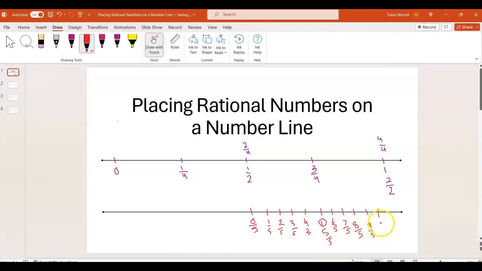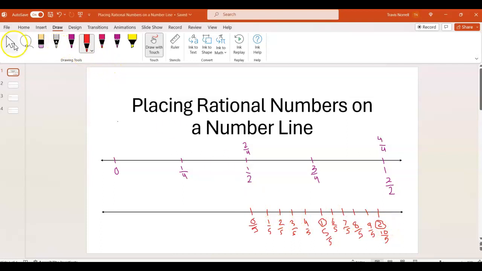And remember, this is 2 wholes, which would be 10 fifths. Because 5 will go into 10 2 whole times.